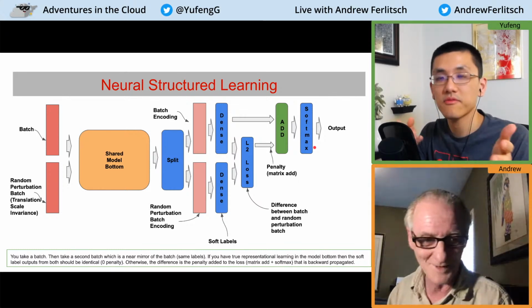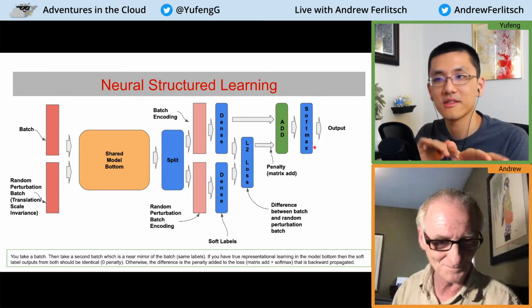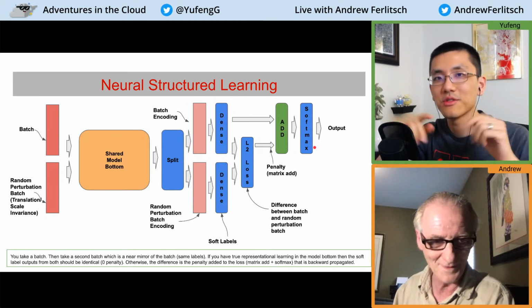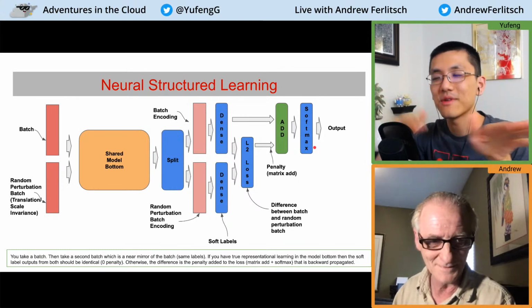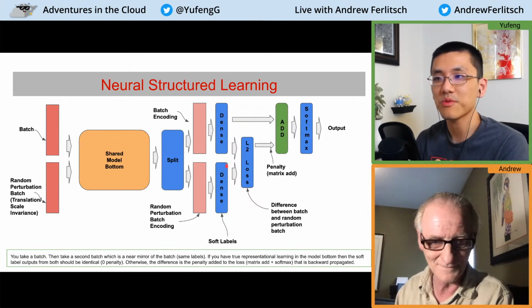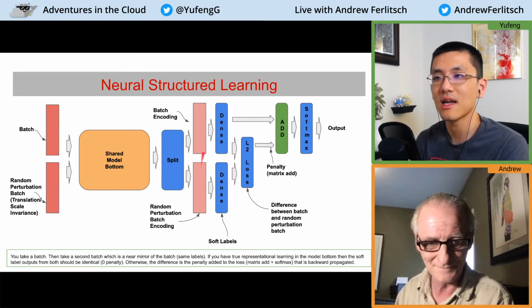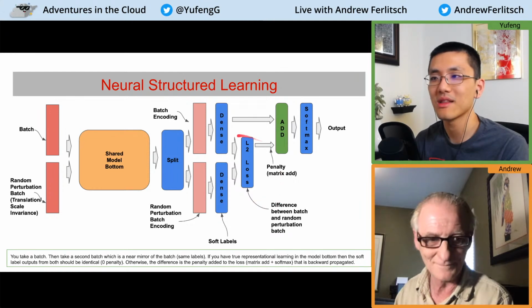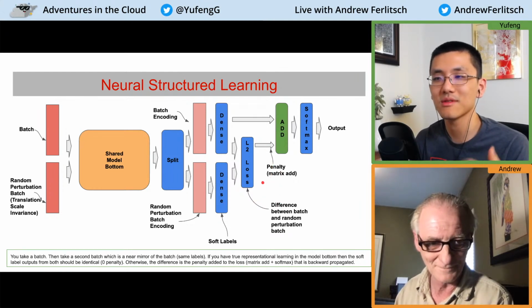And for folks who aren't familiar with the term regularization, we're trying to regularize or reduce the noise, kind of reduce the difference. And so in this particular case, what's really clever here is because we've separated these two data sets, we've marked them as being the original true batch and then the randomly perturbed batch. We can then calculate this penalty and compute this L2 loss.